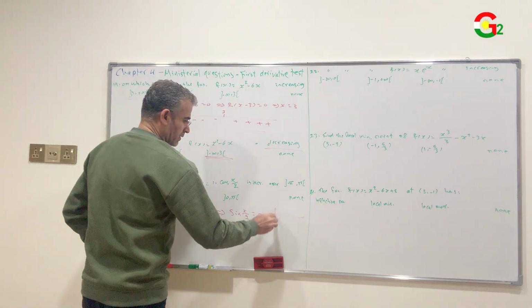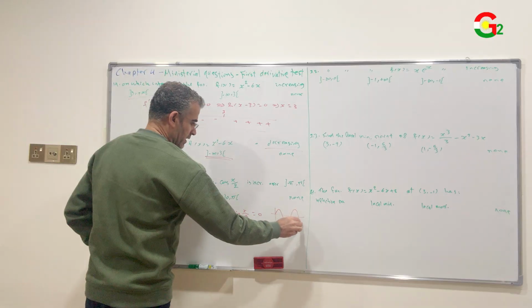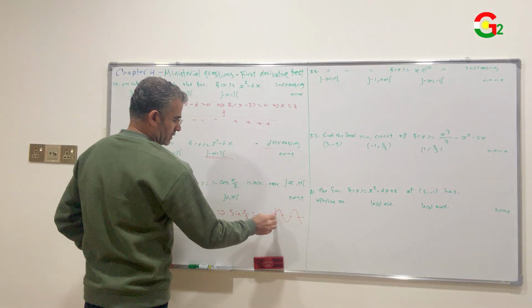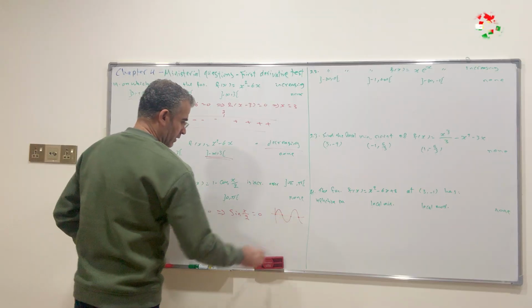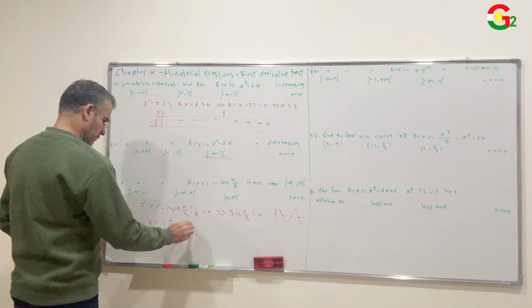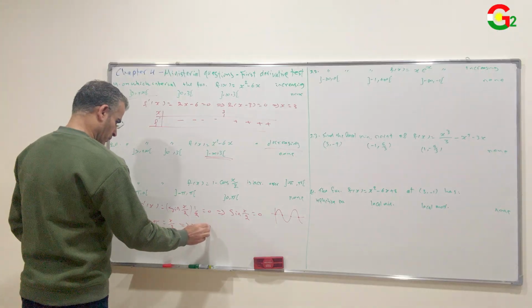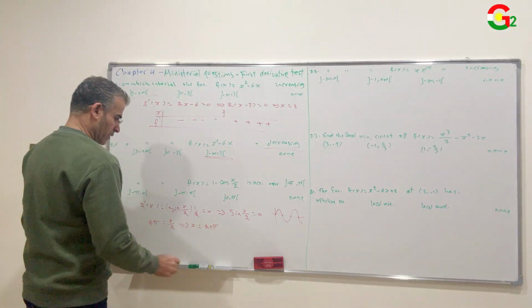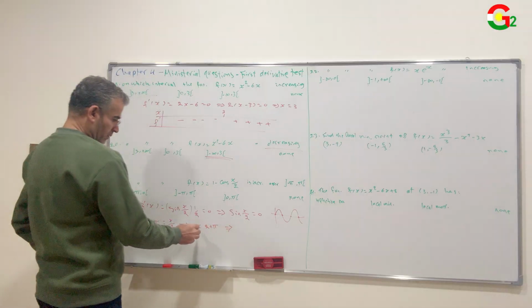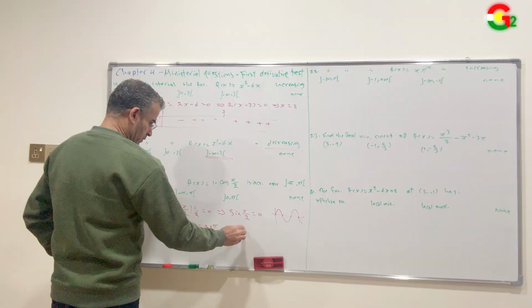Since the graph of the sine is this shape, 0, pi, 2 pi, and so on. Find the value of x. It means x equal to 2n pi. When n equals 0, then x is 0.